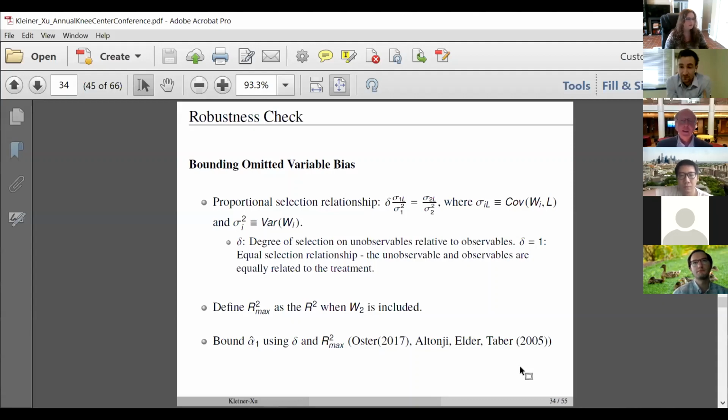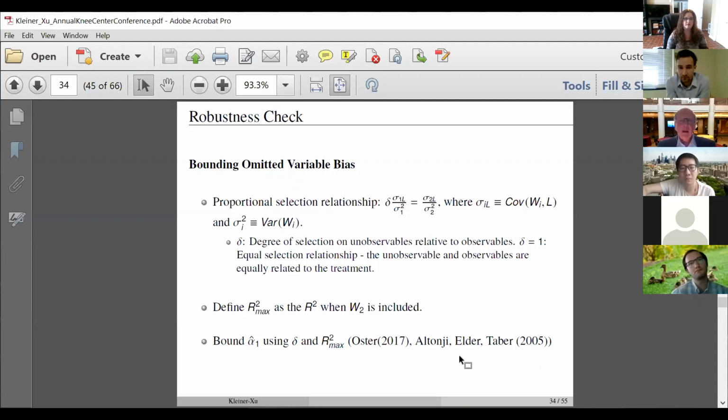It used to be very time-consuming, with lots of coding. Now it's fairly easy to do, since Stata has a very easy test of how large the unobservables would have to be in order to flip our results.